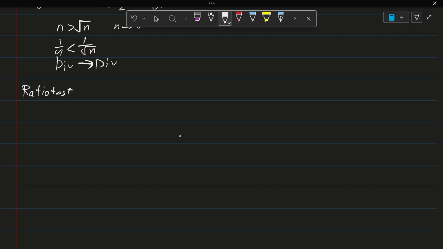The way that you use the ratio test is by first figuring out what exactly the ratio test does. So if you have a geometric series in which a(n+1) equals r times an, that's the definition of a geometric series. And as you know, if r is less than 1, the series will be convergent.